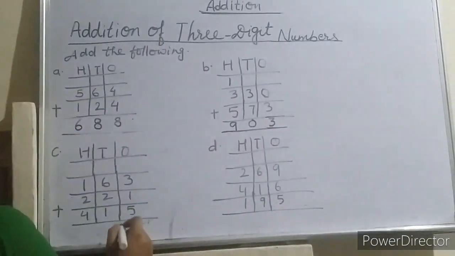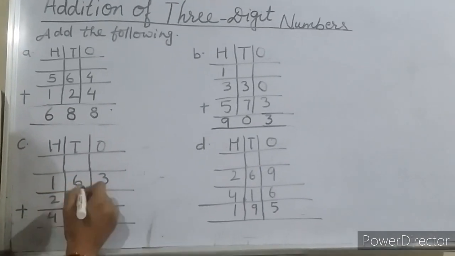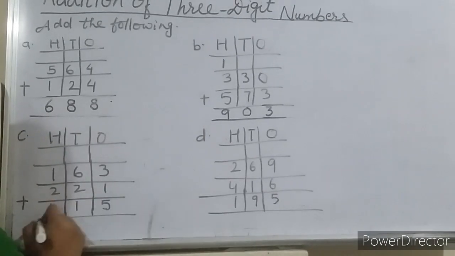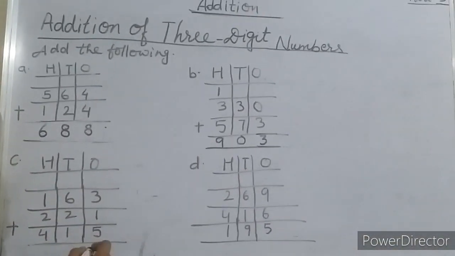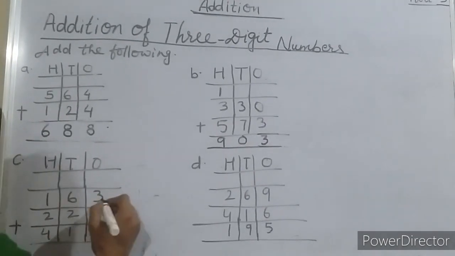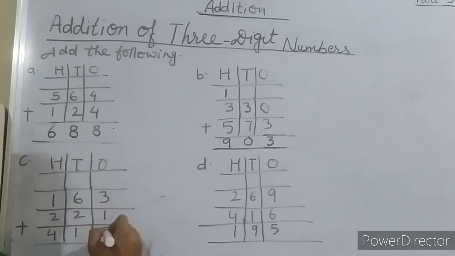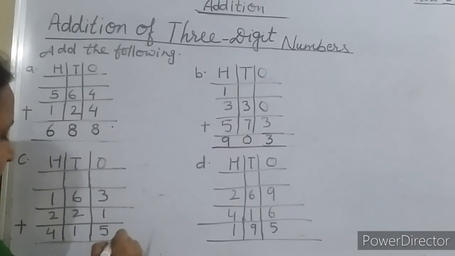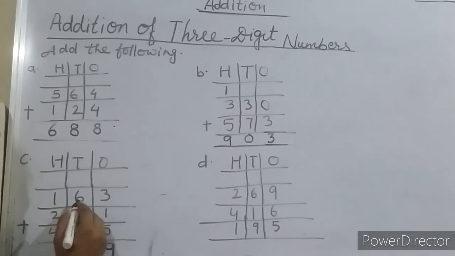Now come to the next. 163 plus 221 plus 450. So students, start adding from the ones column. See, 3 plus 1 is 4, 4 plus 5 is 9. So write 9 under the ones column. Now come to the tens.